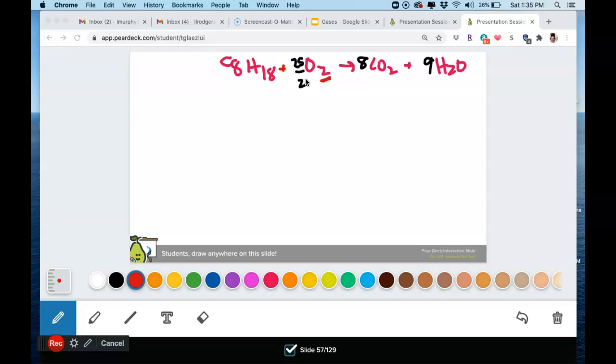But we can't leave this as a fraction, so we multiply everything by 2, because that will give us a 2 here. All right, so this is a 2 here, and then 25 over 2 times 2 is 25. So this is gone. What's 8 times 2? 16. What's 9 times 2? 18. Okay, so that's our balanced combustion reaction.